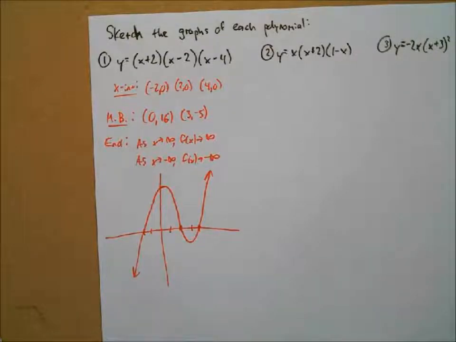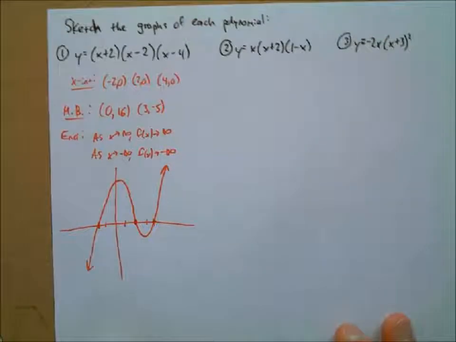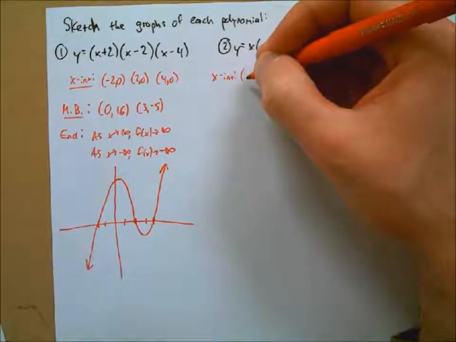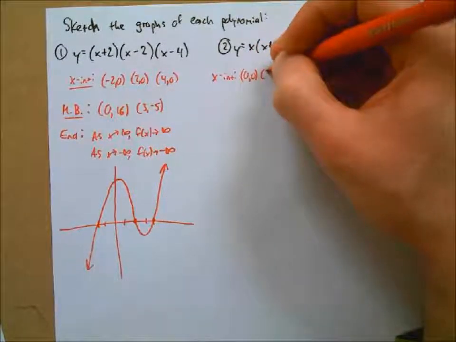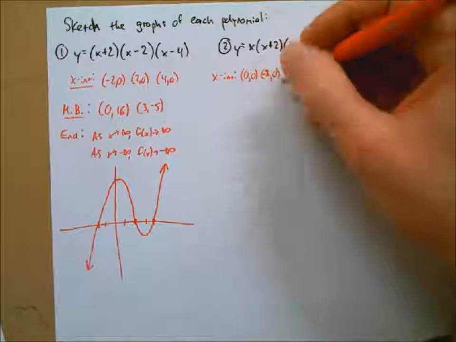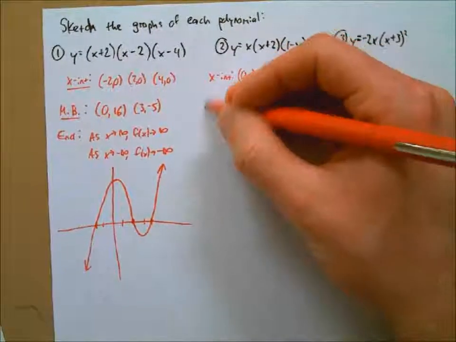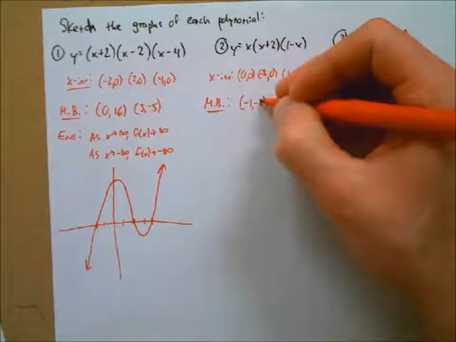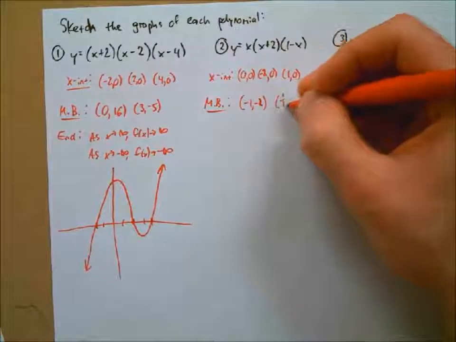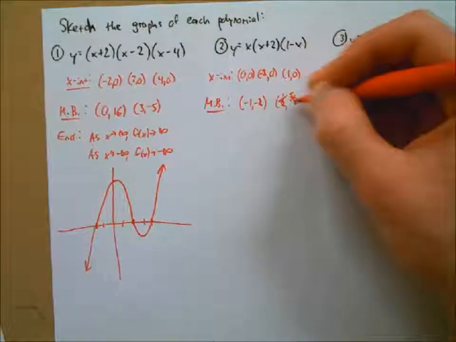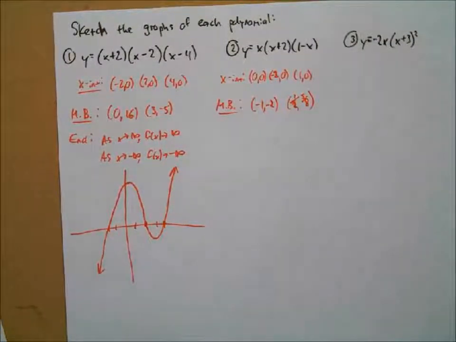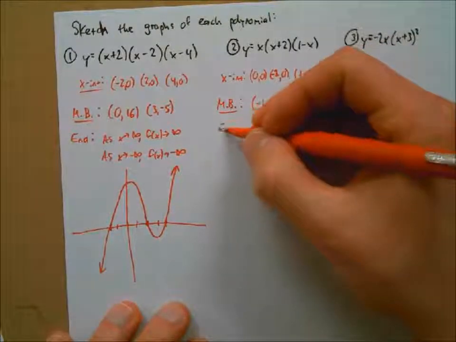Okay. All right, I'll do the same thing here for number 2. So again, I use -1, and that gives -2, and then 1/2 gives 5/8, for the middle behavior there. And the graph is going to, oh, sorry, end behavior, whoops.